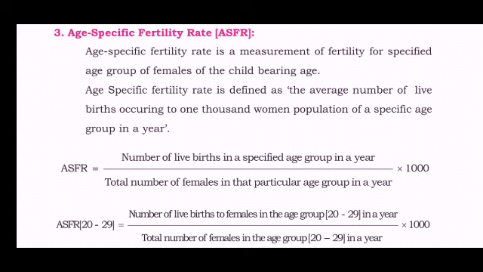In the age specific fertility rate, we can calculate and find the fertility rate for a specific age or age group in a year. That is for 20 year also we can identify the fertility rate, or maybe the 20 to 25 years group also. It is defined as the average number of live births occurring to 1000 women population of a specific age group in a year.